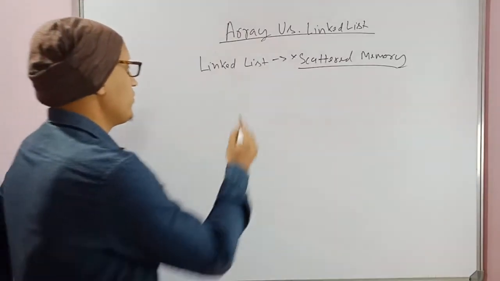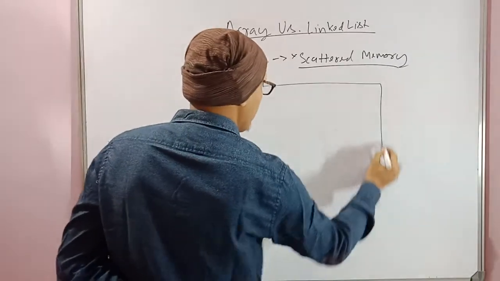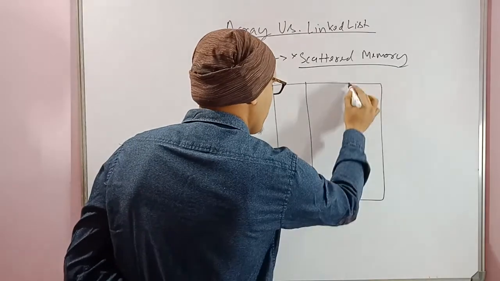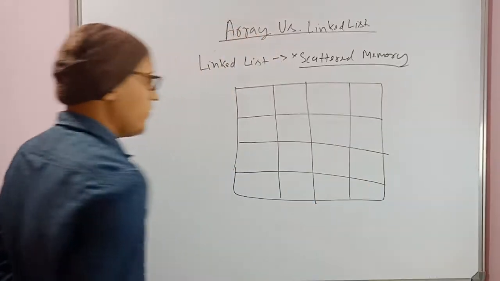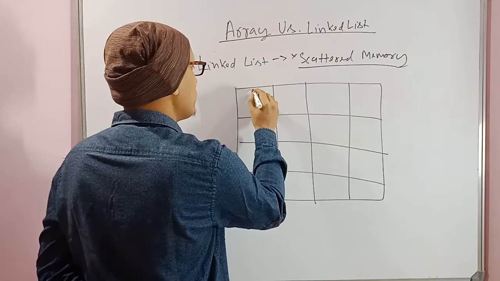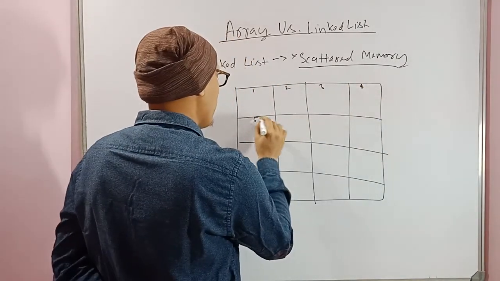Okay, so we'll again create the same kind of memory grid, where the memory locations number will be 1 2 3 4 5 6.